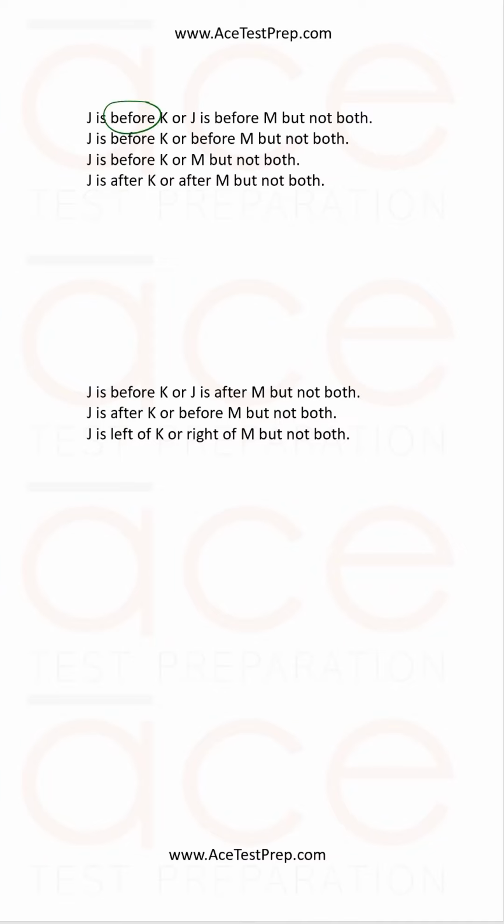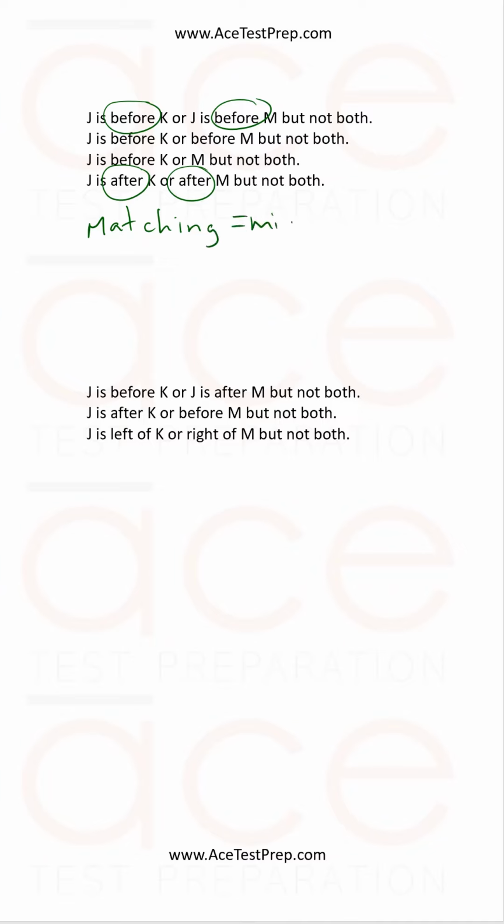So if we have before and before, or after and after, as long as you have that same word being used with regard to both, then J has to be in the middle. Our rule is matching equals middle.